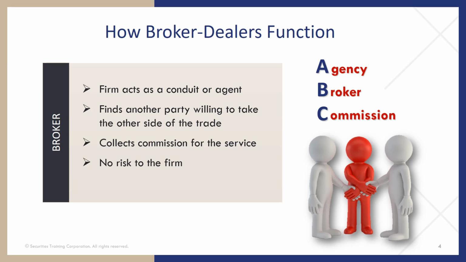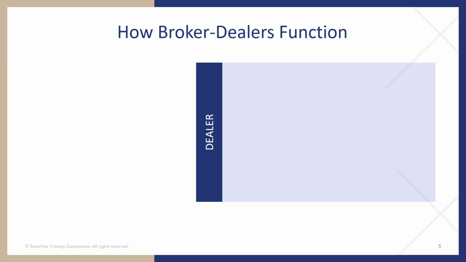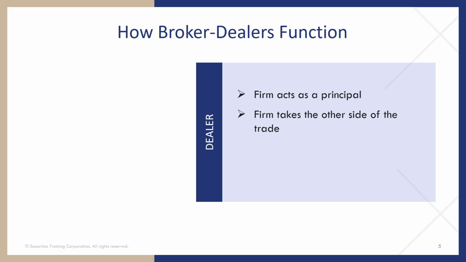Now, what if we use the term dealer? So a dealer, versus a broker, acts in what's called the principal capacity. And what that refers to is the firm doesn't arrange for another person to take the other side of the trade. They take the other side of the trade.